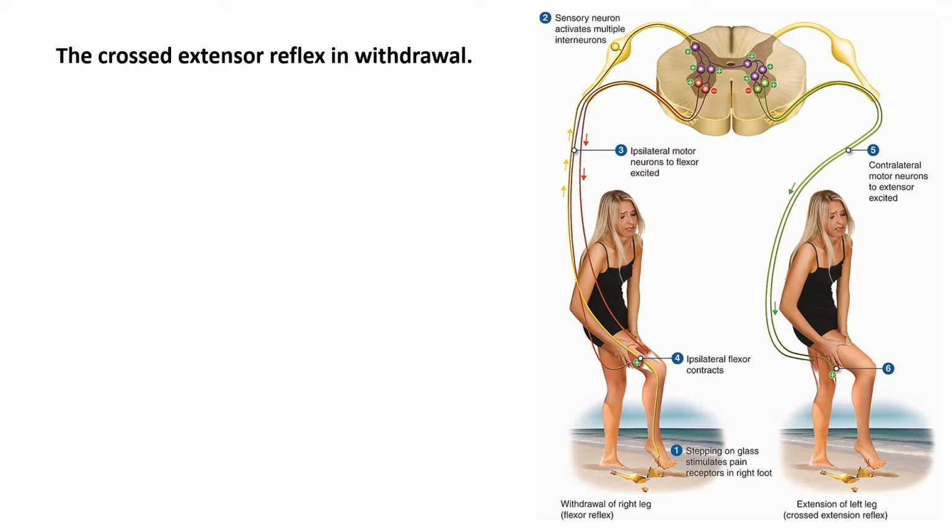Now, to do that, it's going to take fine adjustments involving muscle contraction and relaxation for her to be able to balance. So we need to send this reflex through to the contralateral, the opposite side of the spinal cord, to go out to the opposite side of the body to enable balance.